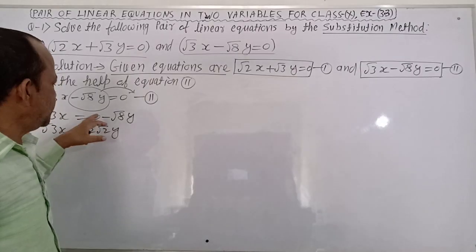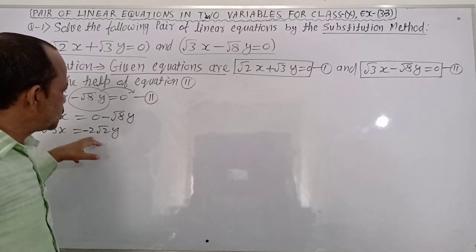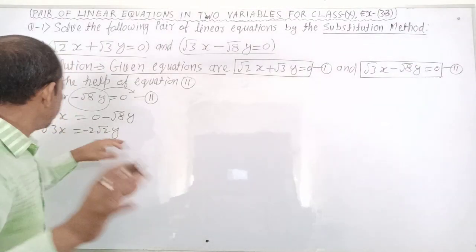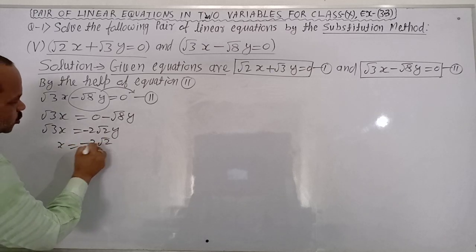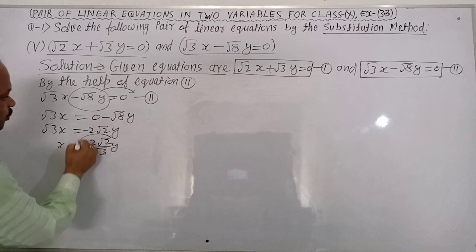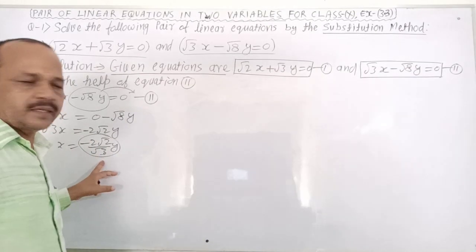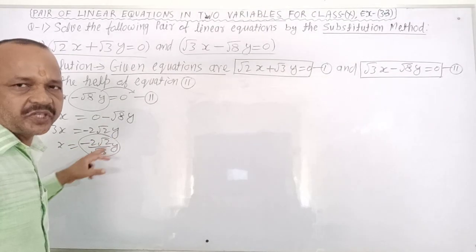So you can write 0 minus root 8y equal to minus 2 root 2y. Clear? x equal to minus 2 root 2 by root 3 y. You find the value of x equal to minus 2 root 2 by root 3 y.